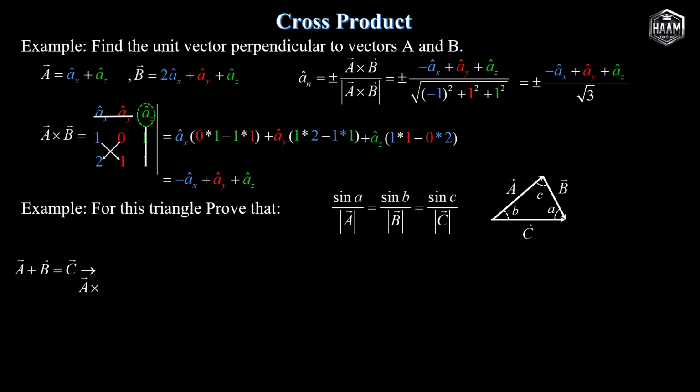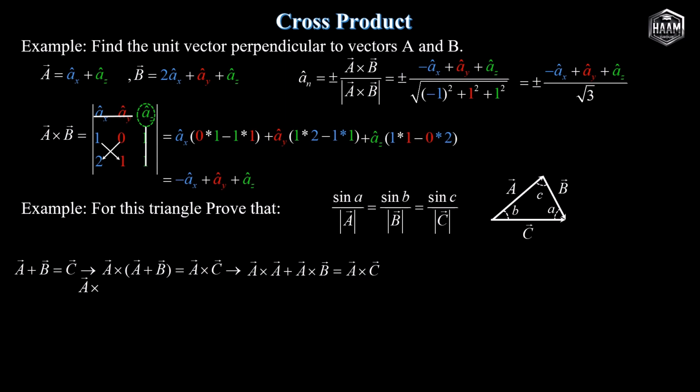a cross, open parentheses, a plus b, close parentheses, equals a cross c. Applying the distributive property of the cross product gives a cross a plus a cross b equals a cross c.